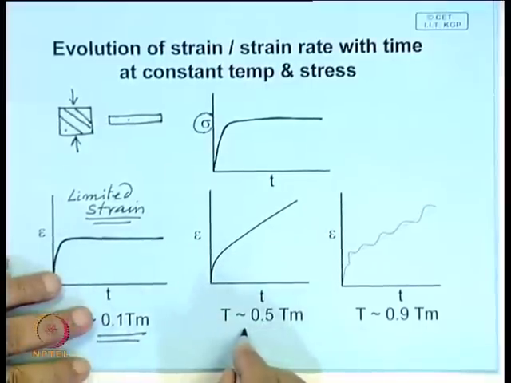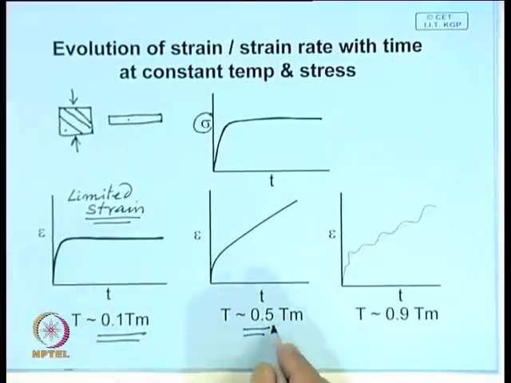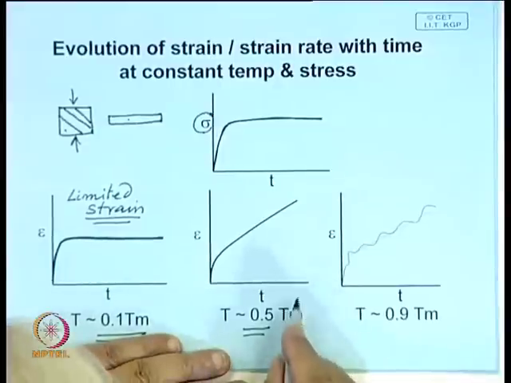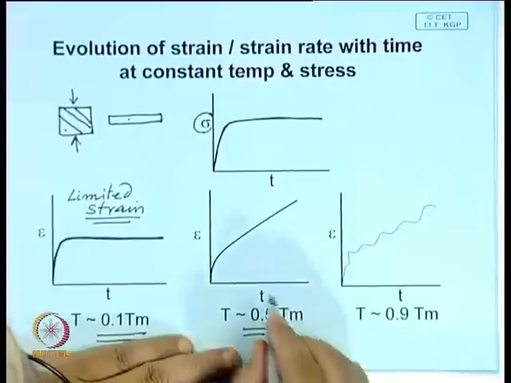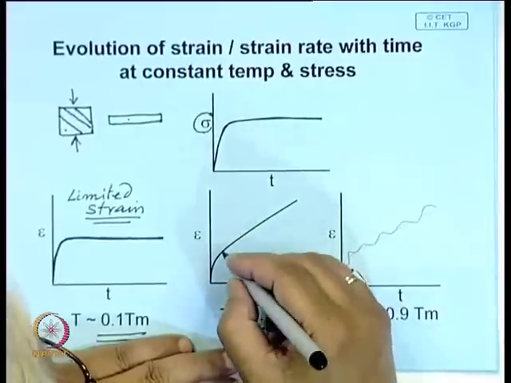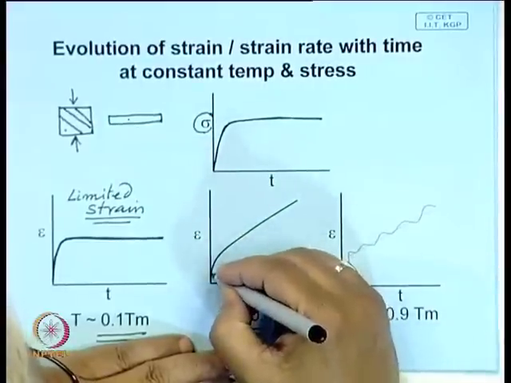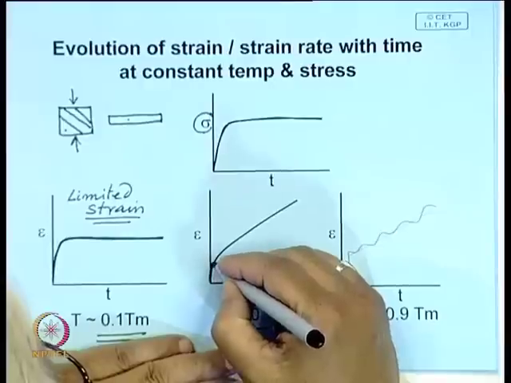But if you are deforming at a higher temperature, something like hot working, but the temperature is still near the lower end of the hot working temperature range, here you will find there is a time dependent deformation, that is strain goes like this.